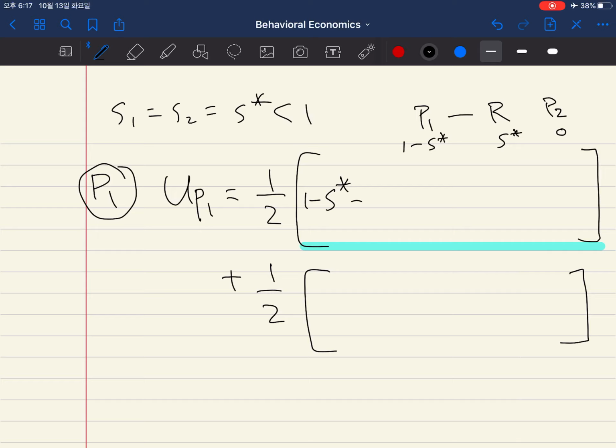And we have to think about inequality. First proposal is gonna feel envy about responder. So alpha term is about inequality between responder and first proposal. So in this case, responder has S star, and first proposal has this much. So this expression is inequality between responder and first proposal.